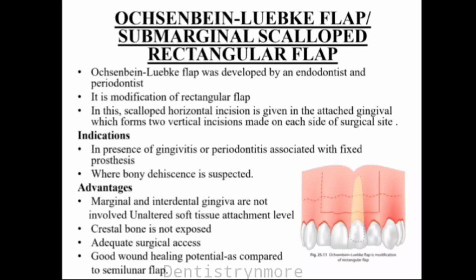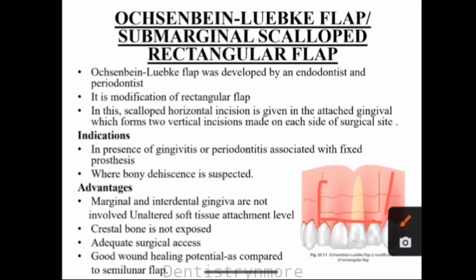Next, 3-mark question, that is Ochsenbein-Luebke flap or submarginal scalloped rectangular flap. So it was developed by an endodontist and a periodontist. It is a modification of a rectangular flap. So in the figure you can see, in this scalloped horizontal incision it is given in the attached gingiva, which forms 2 vertical incisions that are made on each side of the surgical site, horizontal and 2 vertical.